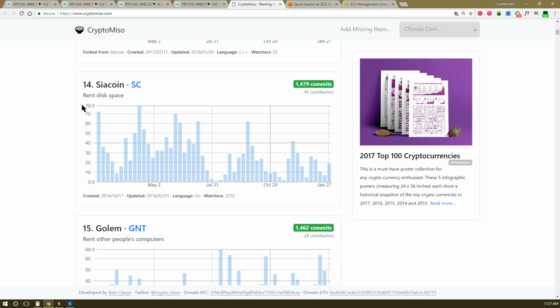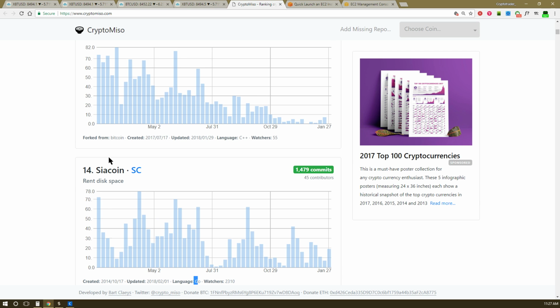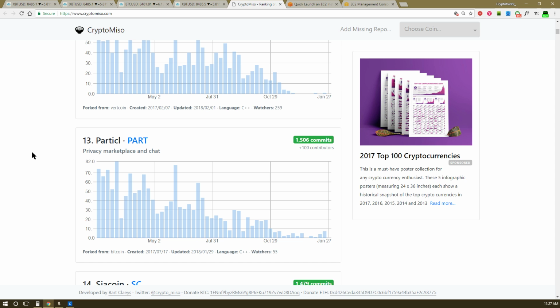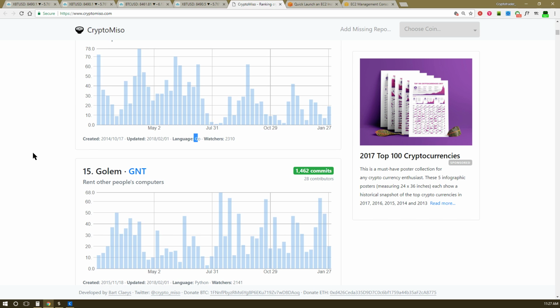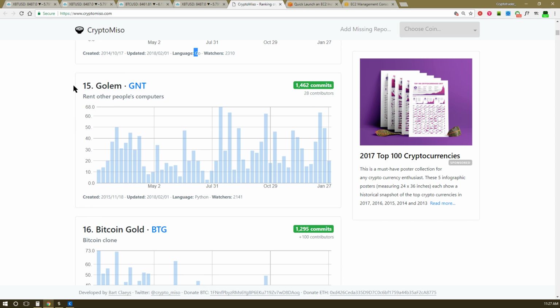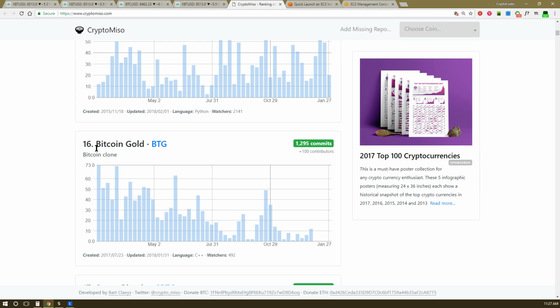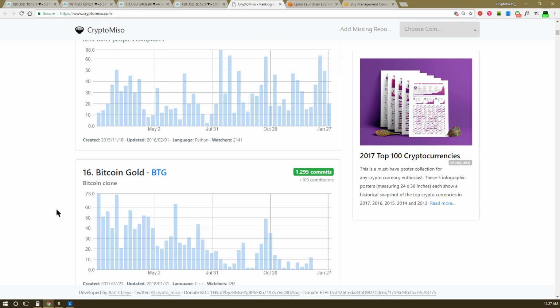See a coin. Yeah, okay, we know about that one. Did we know it was programmed in Go? Nope, nobody knew that. Nobody knew that. We know now, don't we? Oh, rent other people's computers. Yeah, that's a great coin. That's a great project.